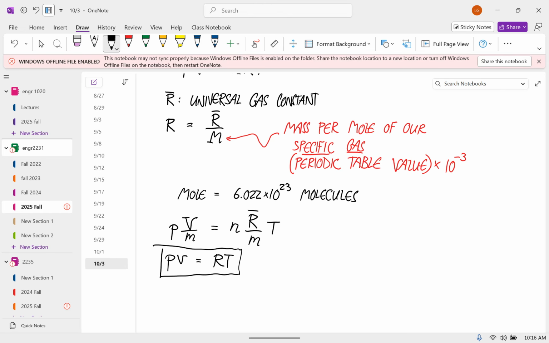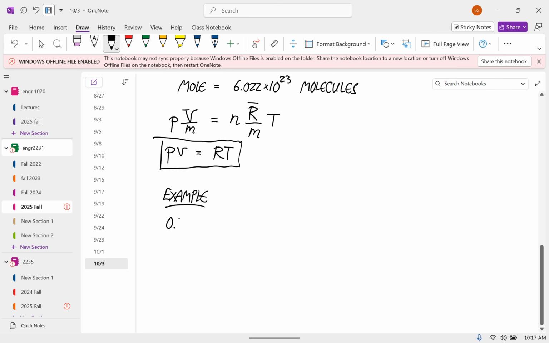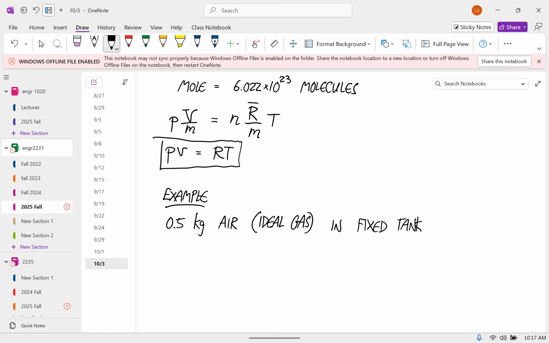I want to do an example using the ideal gas law. So let's say we have 0.5 kilograms of air, which we're going to treat as an ideal gas, in a fixed tank. And we're going to add heat to it.